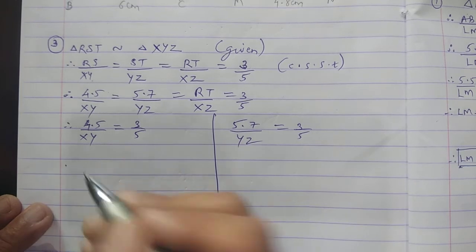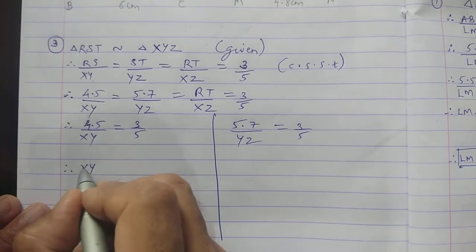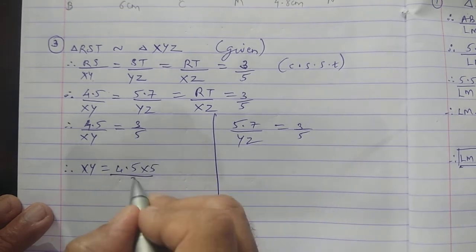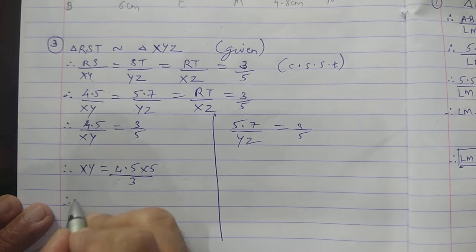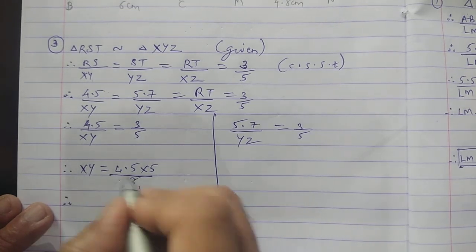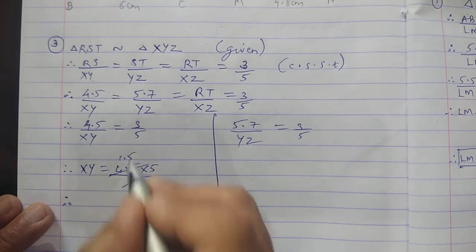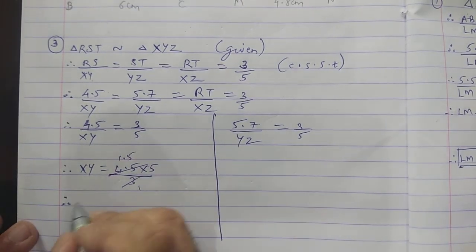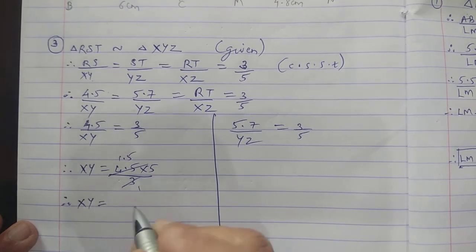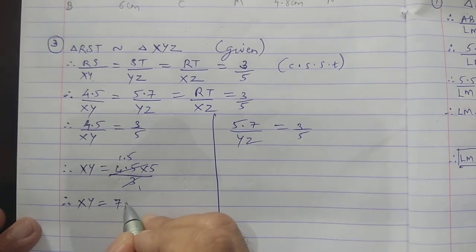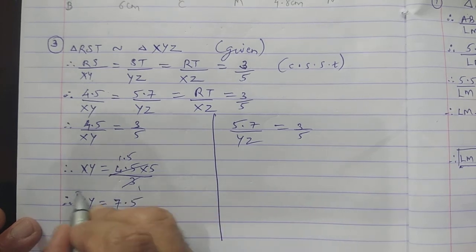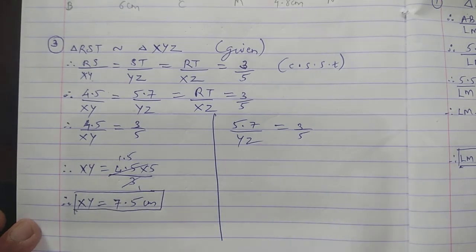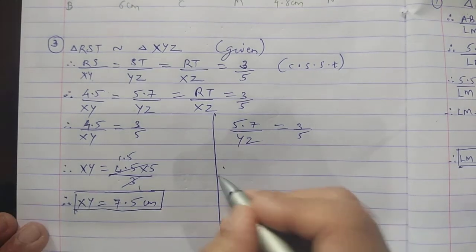So cross multiply. So what will we get? XY equal to 4.5 into 5 upon 3. So now reduce this: 1.5, right? 15 3s are 45, no? So 1.5 into 5. So XY will be equal to 15 5s are 75. So this is 1.5 into 5 becomes 7.5 centimeter. Same way, next one.